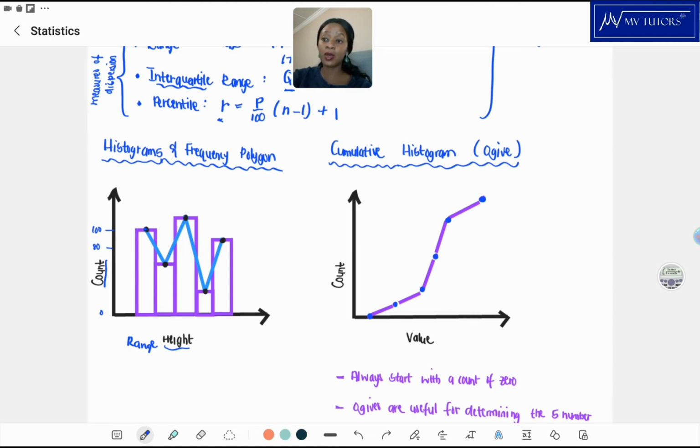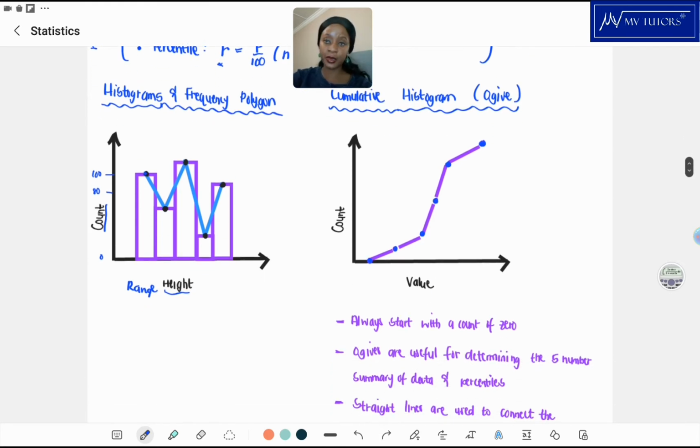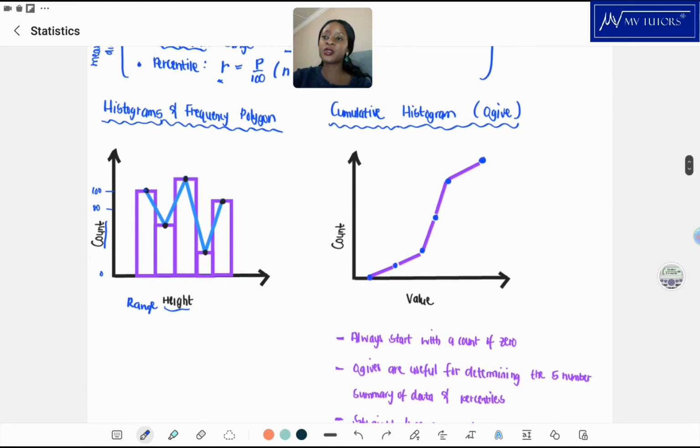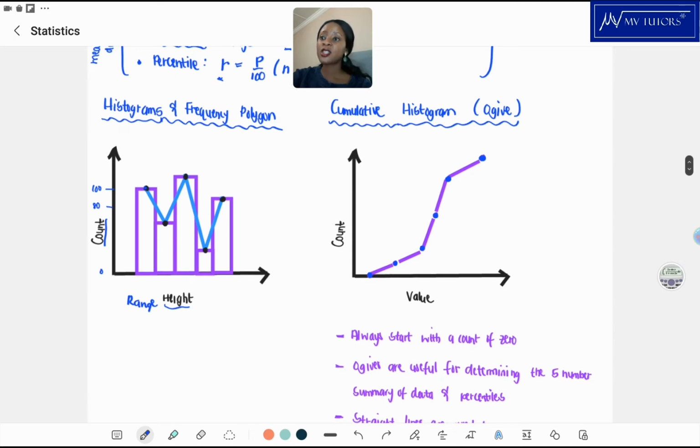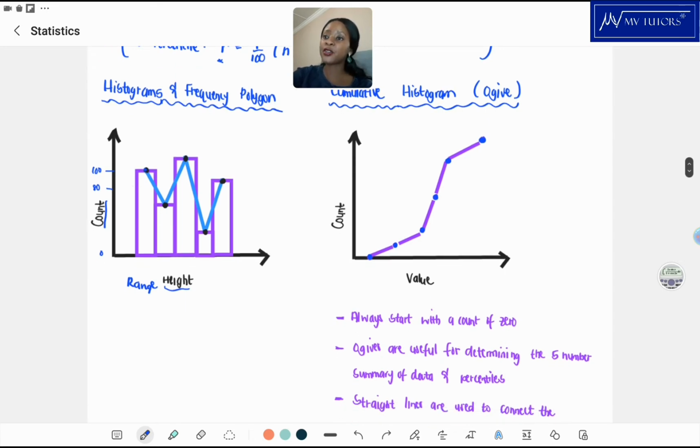Now when we get to an ogive, basically you would have your histogram, right? If they say cumulative histogram, you're going to take your data set. So let's say here the first one we had 100, second one 60, the third one 120, then 40, and maybe a 75 or something.